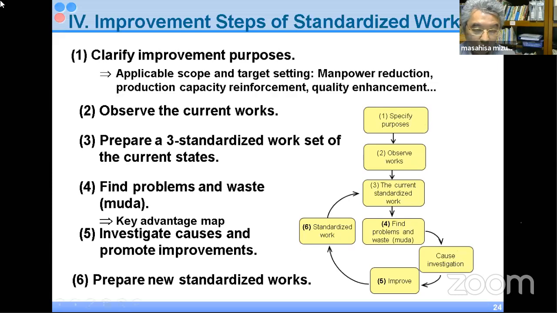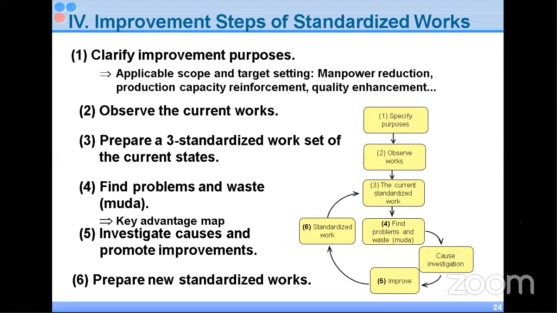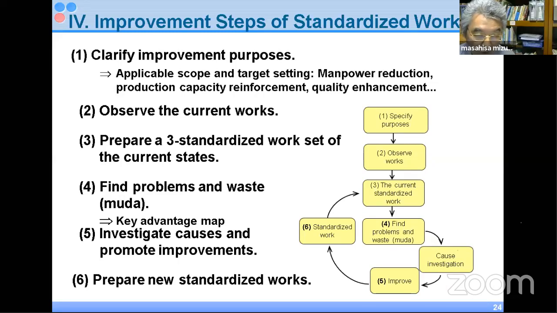When you monitor the site and take the time, you can also find the problem and waste. This is firstly how you grasp the fact. Then you consider number 5, investigate cause and problem, promote improvement.